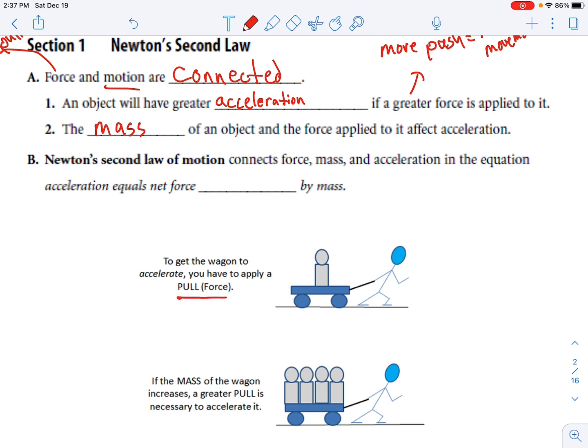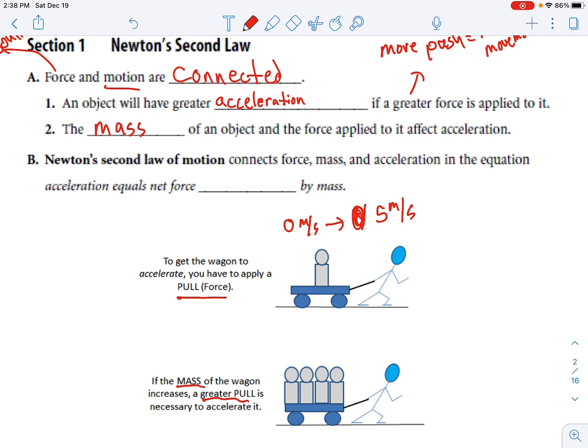He has to pull it to get it to go from 0 meters per second to maybe 5 meters per second. He's going to have to pull it to get that speed to change, which is acceleration. If the wagon has more mass, so there are more things in this wagon, he's going to need a bigger pull to get it to move.